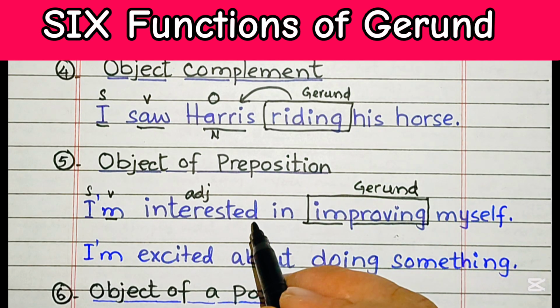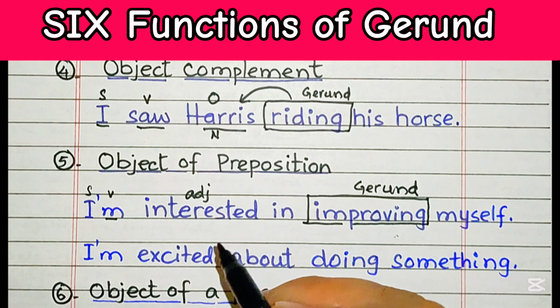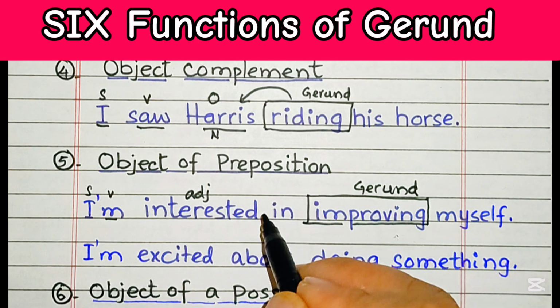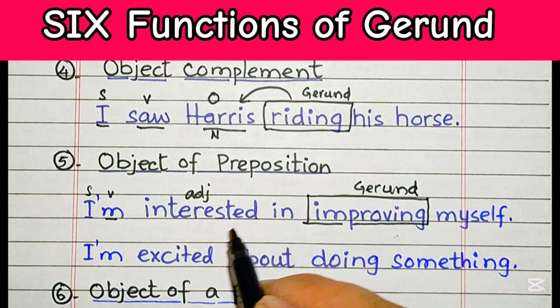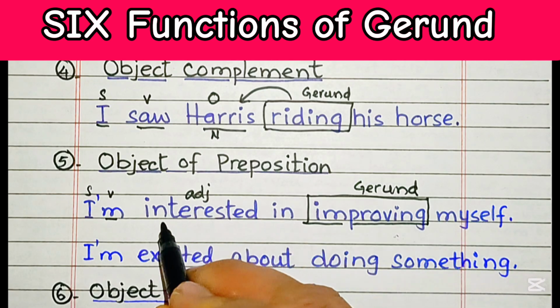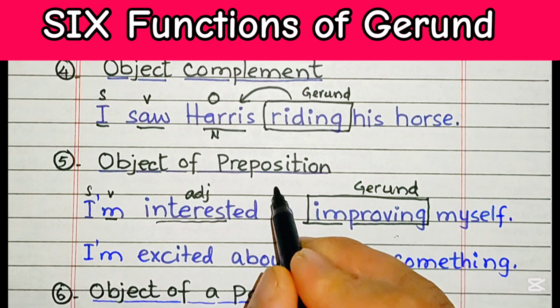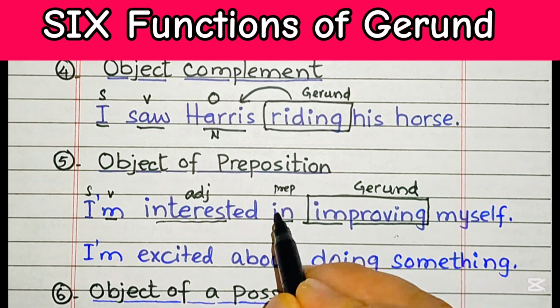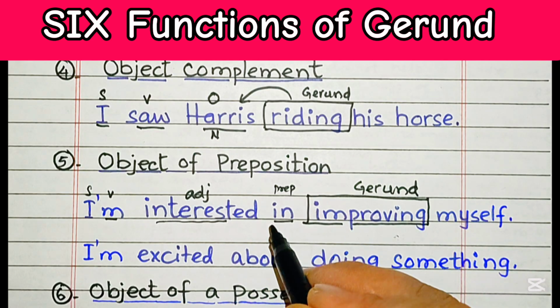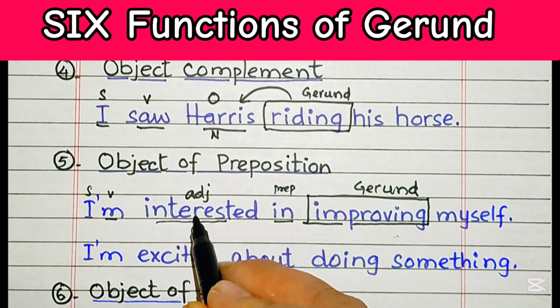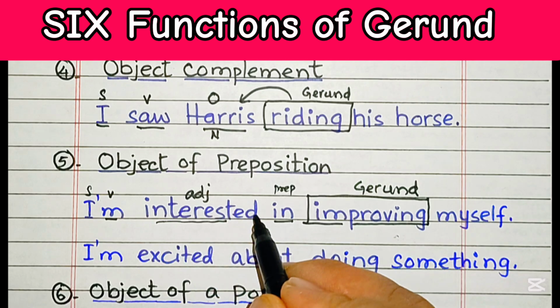Now why are we using the gerund? Normally we have lots of adjective and preposition combinations, as in this particular situation, this is adjective and this is preposition over here. So after the preposition, use gerund if we have adjective followed by preposition.